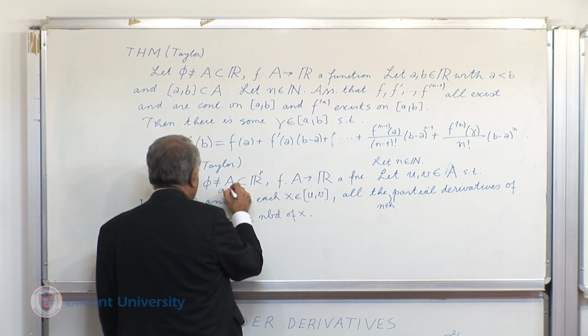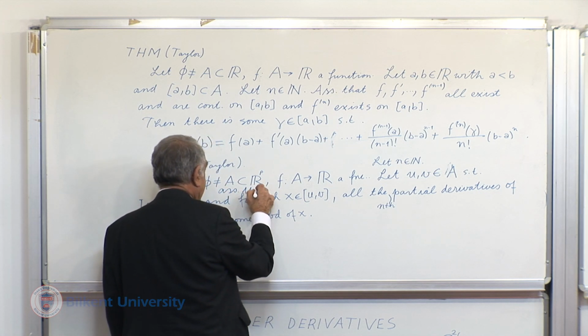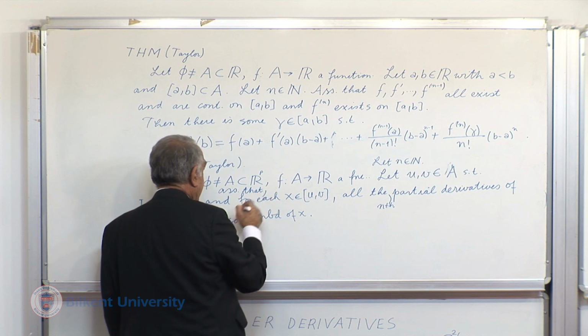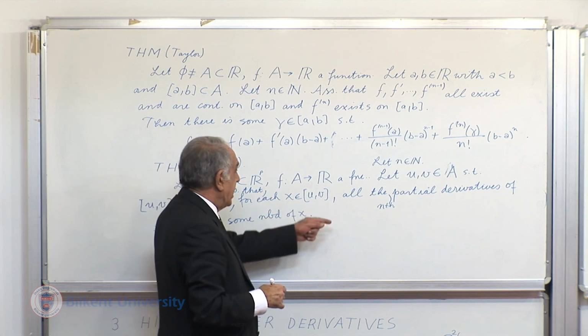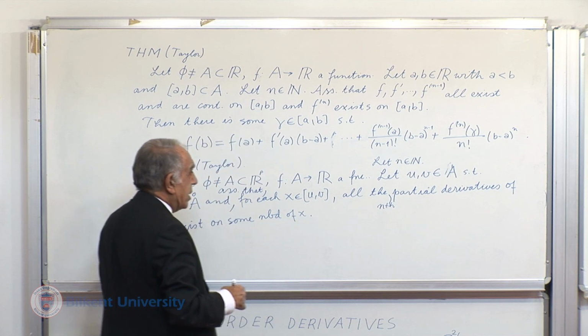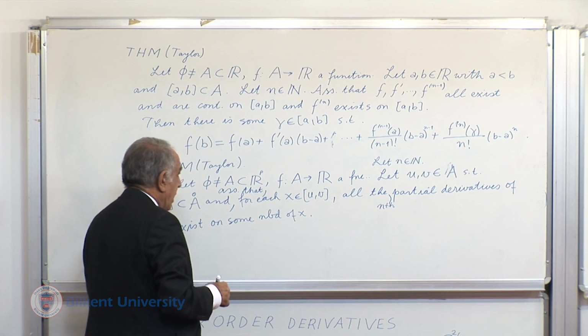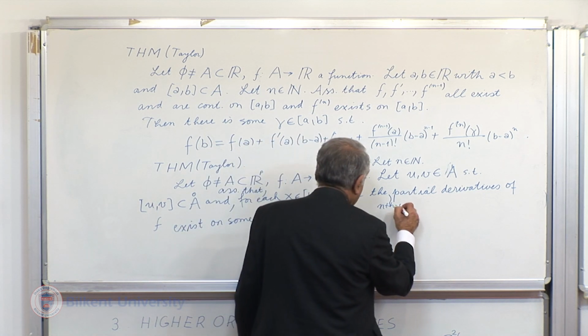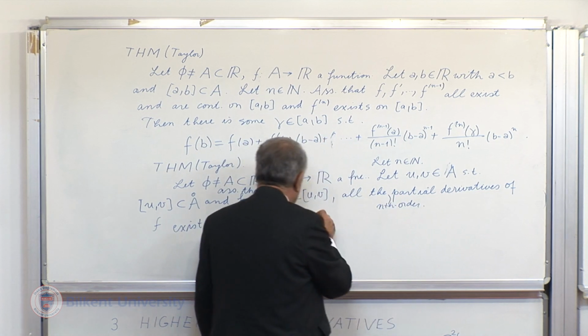And let me write here and assume that for each x in [u,v], all the nth order partial derivatives of f are continuous on x.